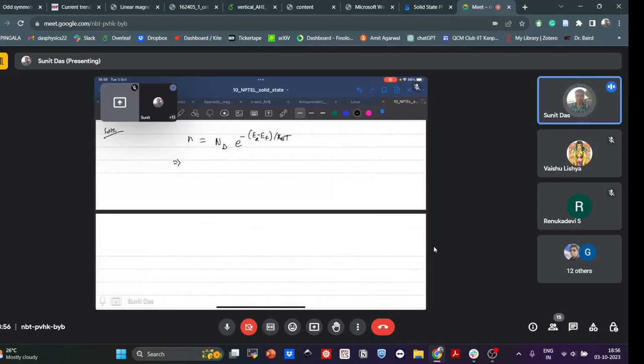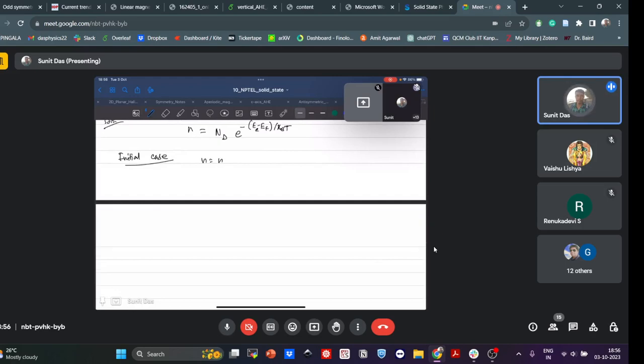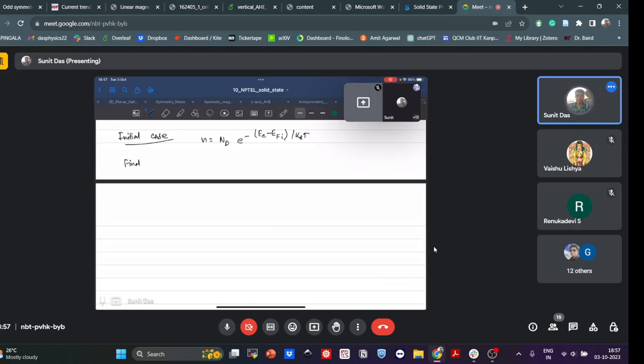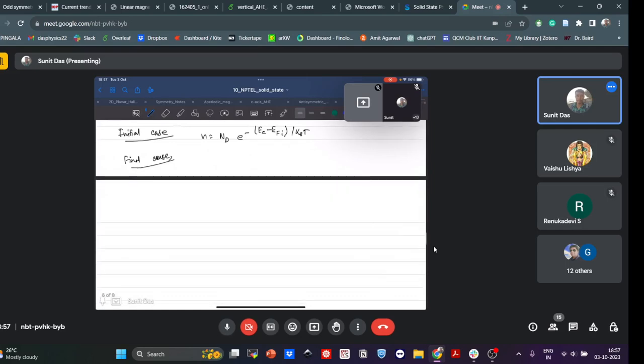So if we consider the initial case, then N equals ND e to the power minus EC minus EF initial by kBT, and the final case will be N equal to ND times 100, since the donor concentration has been increased 100 times, e to the power minus EC minus EF final by kBT.